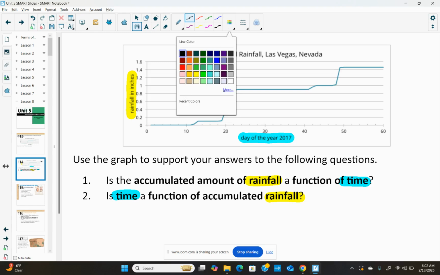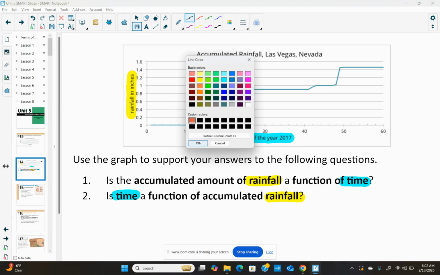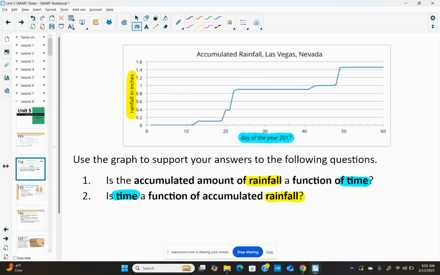When we're talking about whether or not something is a function, it means that each input value needs to have only one specific output. So you can't have one input value that goes to different outputs.